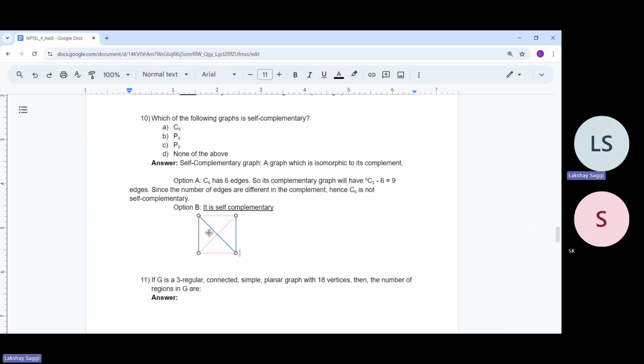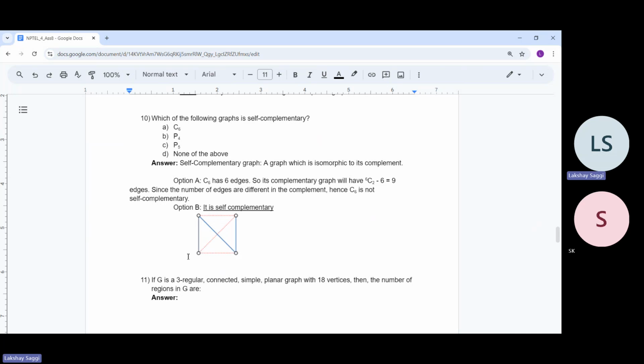Consider the original graph as the graph containing just the blue edges. The graph with these blue edges is the original graph, which is the graph P4, right? This is just a graph containing a path on 4 vertices. So this is P4. And now note that its complement will be this red graph. So this will be the complement graph, right?